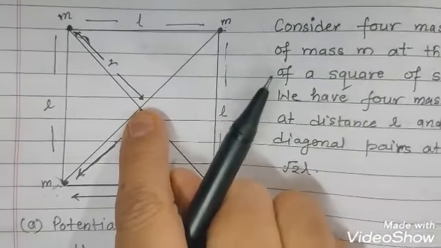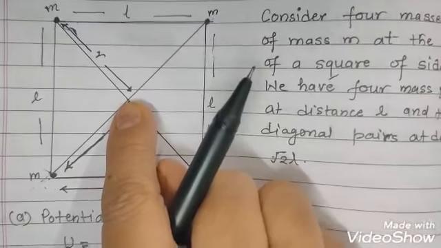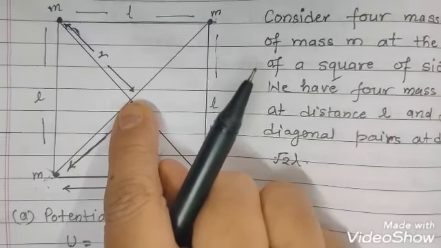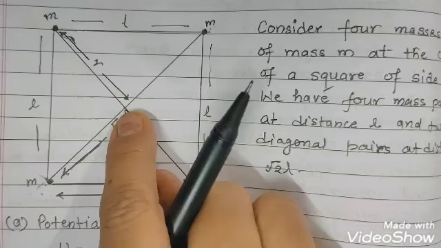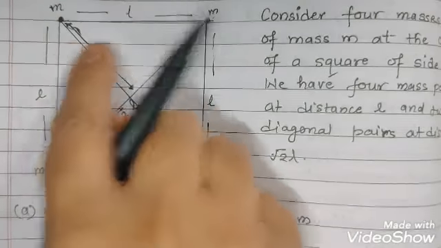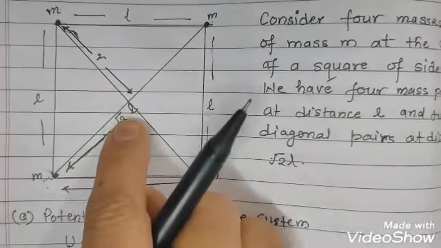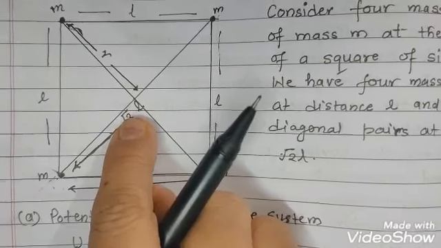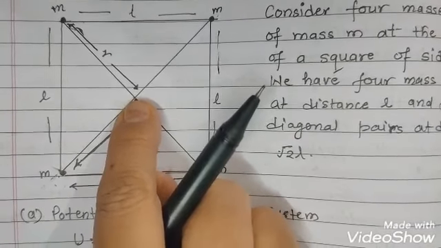At the center we have to find out the potential, and potential is for unit mass. That means we'll have to suppose a unit mass here, and all these particles are applying force on it, and because of that the potential will be there.